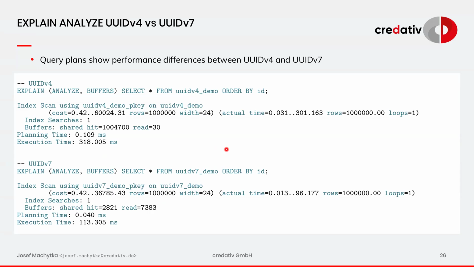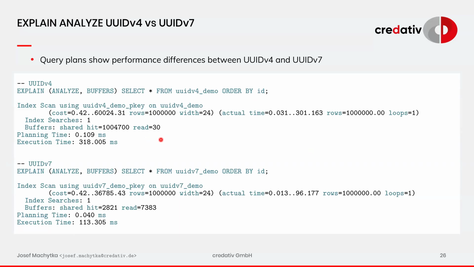And looking at the performance of queries, let's compare query plans. So I ran EXPLAIN ANALYZE with BUFFERS on those queries, which select all columns, all records from those tables, ordered by that ID.